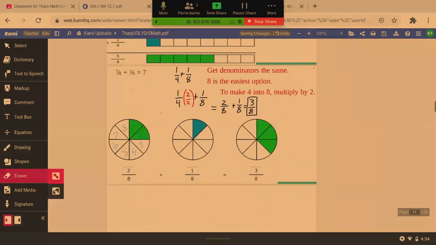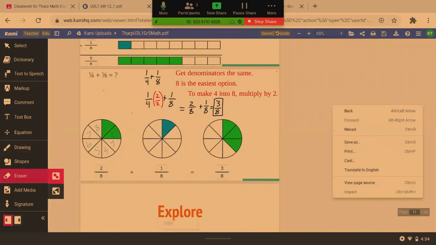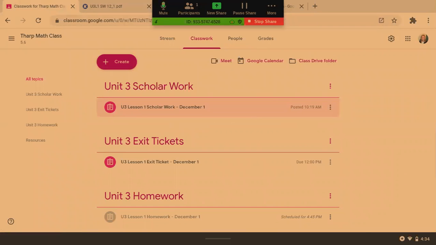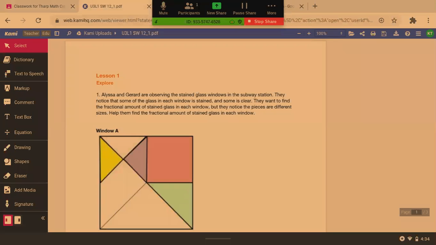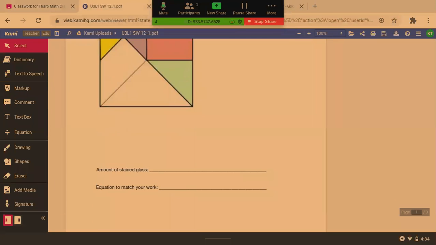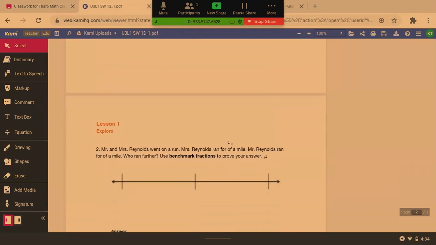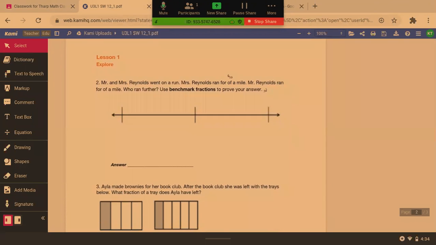All right. So we are going to go into our Scholar packet now. The Scholar packet can be found on the Scholar Work section of the Google Classroom. But we are going to focus on problem 2.